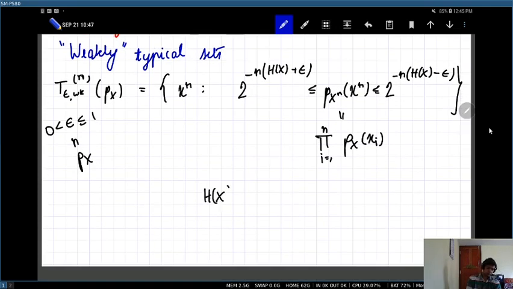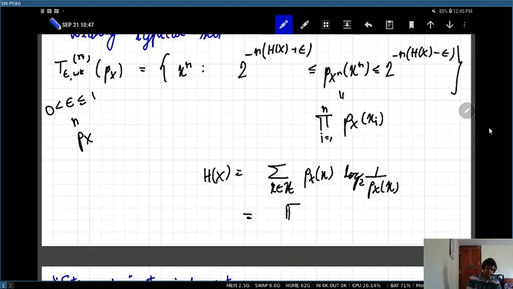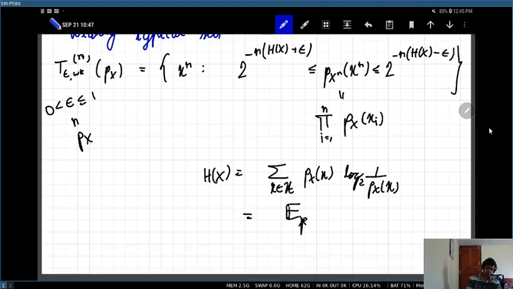Recall that H of x is the sum over x in script x of Px of x log 1 over Px of x. Another very useful representation is to write this as the expectation with respect to the distribution Px of log 1 over Px of x, right? So this is the entropy of x.